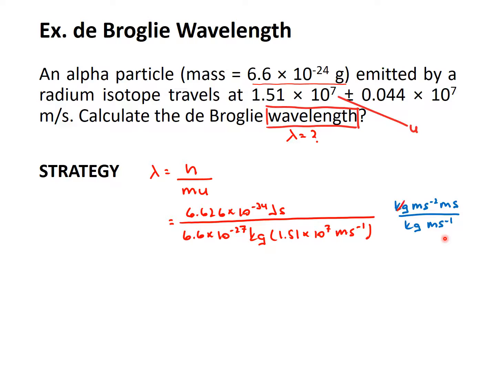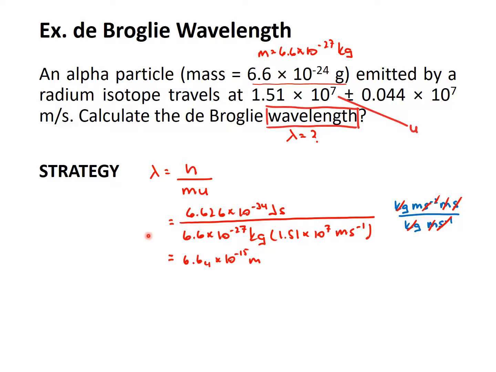So we can see here that the kilograms cancel, the meters cancel, and the seconds also cancel, leaving us with meters, which is the correct unit for wavelength, suggesting that our calculation is most likely correct. Now, it's also important to remember here that the mass of the alpha particle must be specified in kilograms, so we have to convert grams to kilograms here.